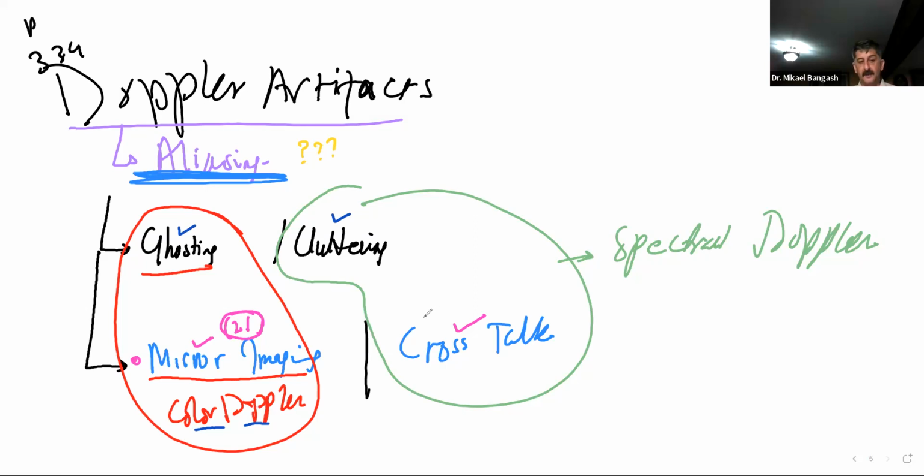In a color Doppler or regular beam mode imaging it is mirror imaging, and in a spectral Doppler it will be referred to as crosstalk. Is that clear?